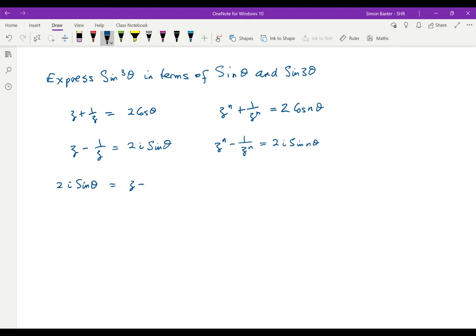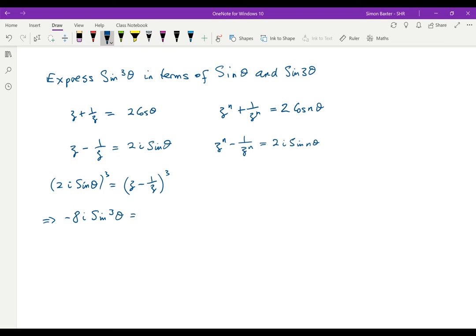equals z minus 1 over z, and then we cube both sides. This side is going to be 8. I cubed is minus I sine cubed theta.